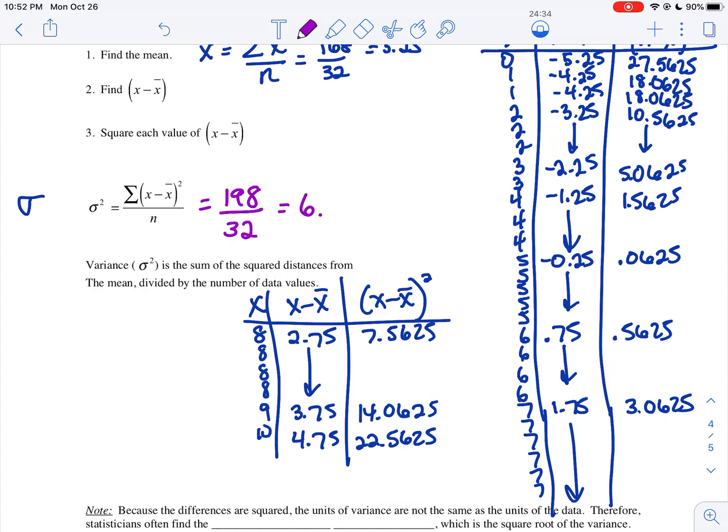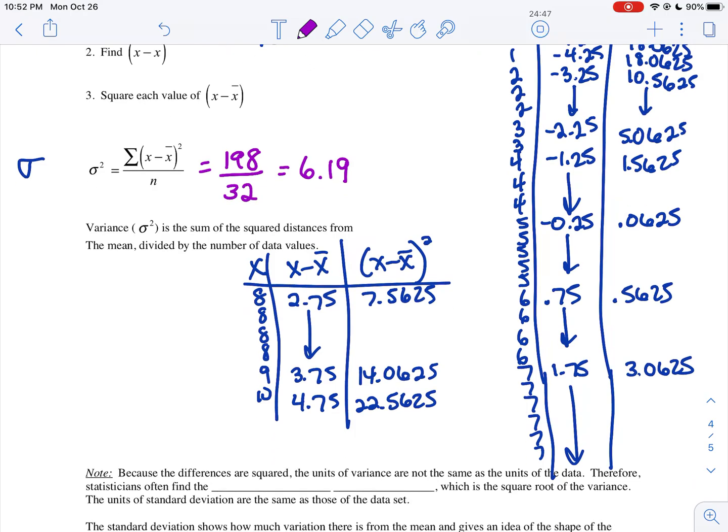So the variance is 6.19. It's the sum of the squared distances from the mean divided by the number of data values. Note, because the differences are squared, the units of variance are not the same as the units of the data.